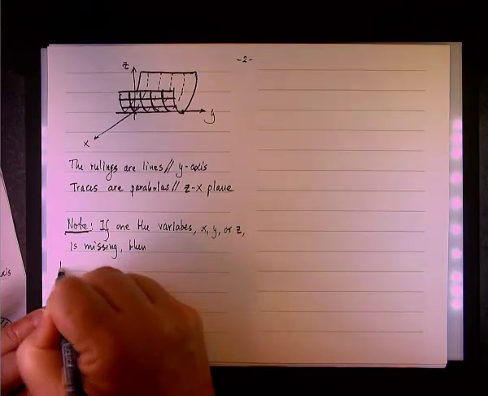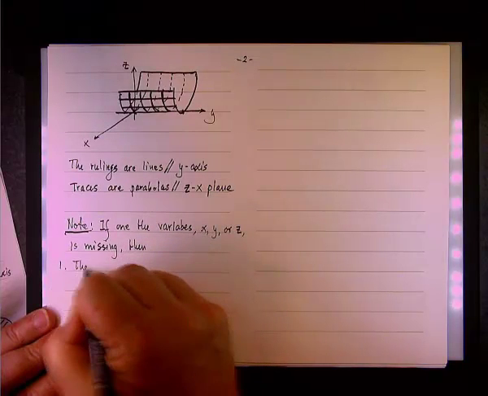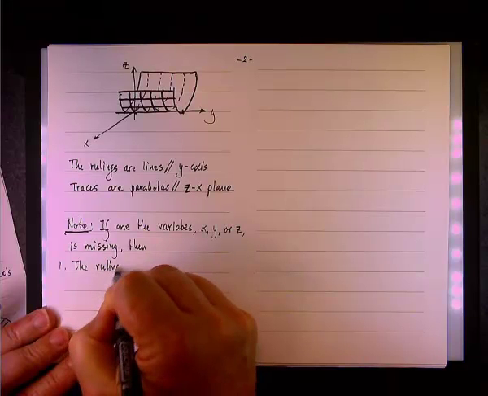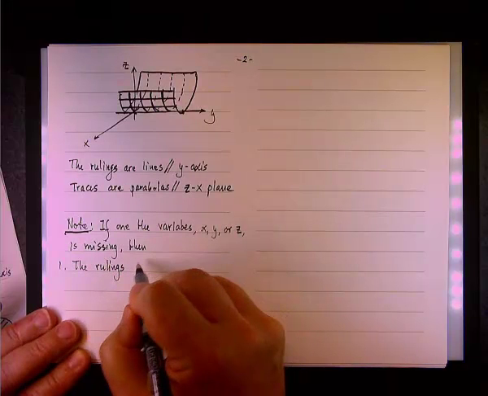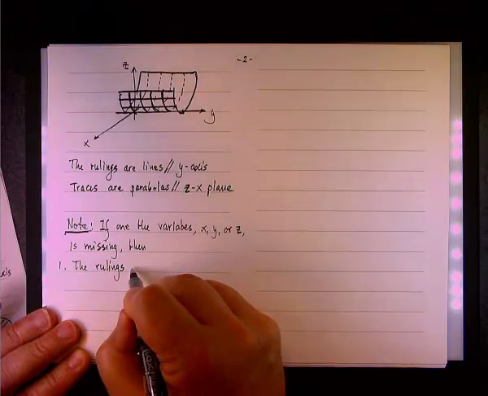then two points. One, the rulings are parallel to the missing coordinate axis.